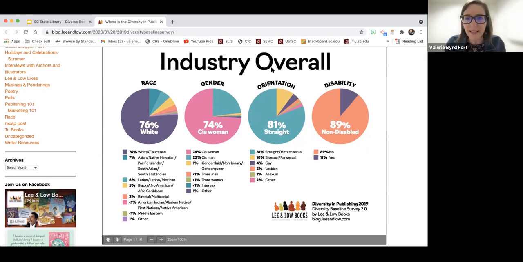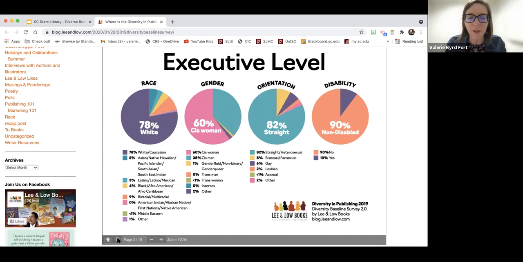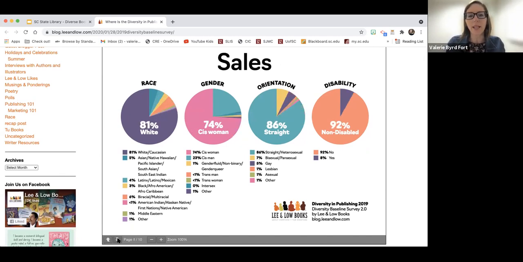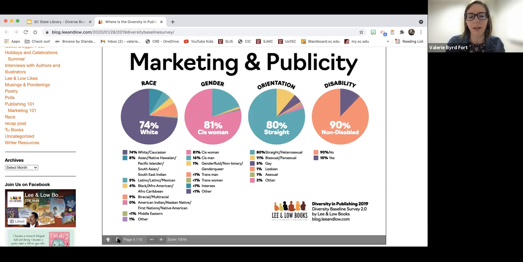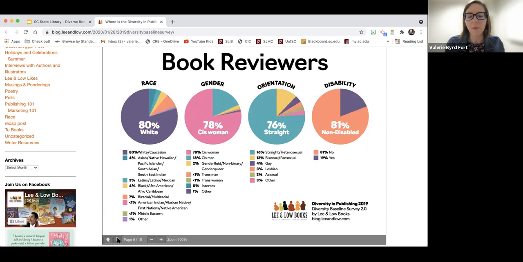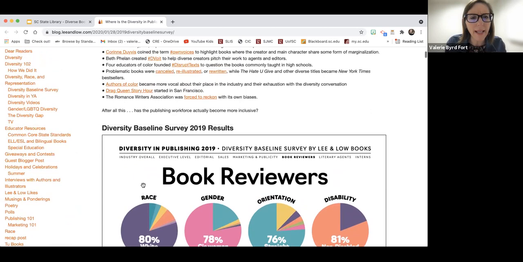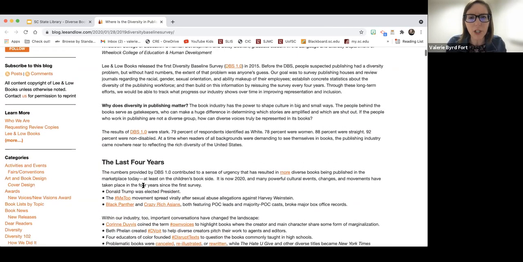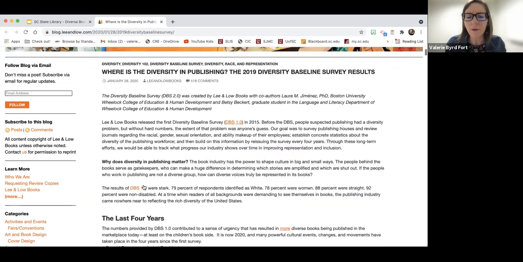And this is industry overall, but then if you dig deeper, they go into the executive level of publishing, editorial, so they really break it down. So I think that it's really good, important information to be familiar with. And then also, I want to look back here to see what publishers this information came from.